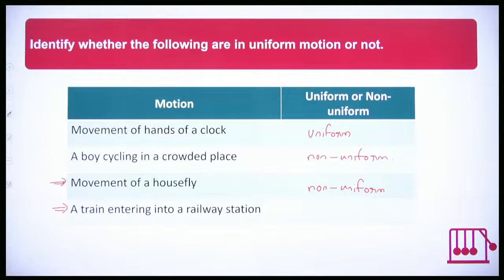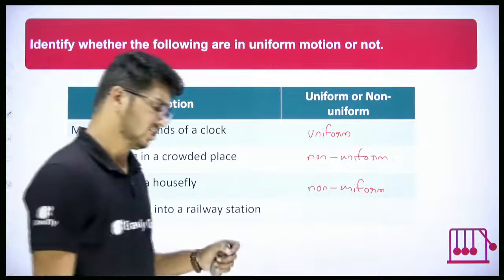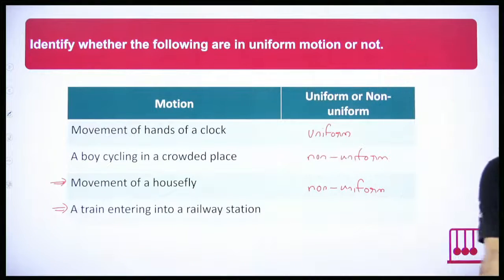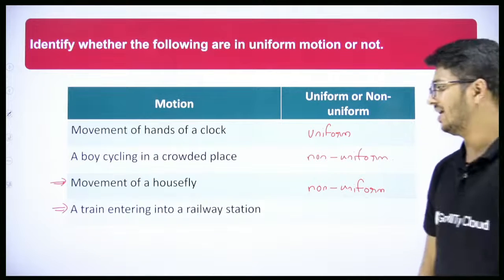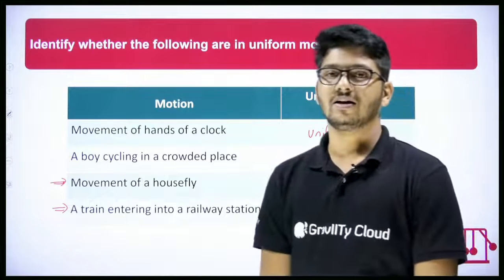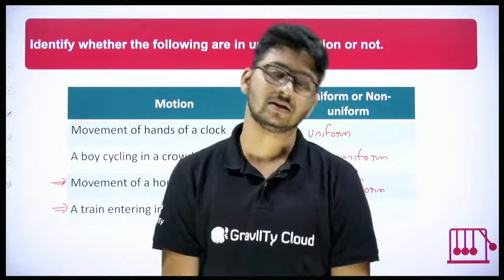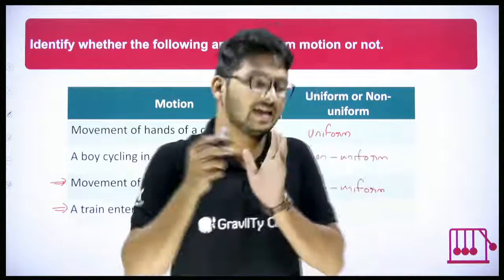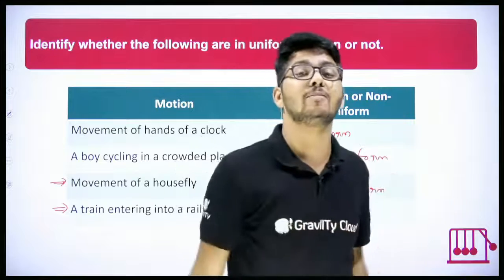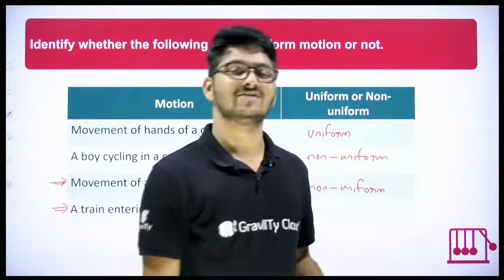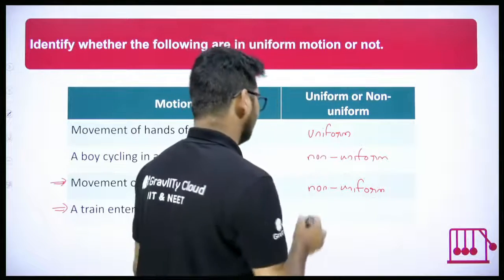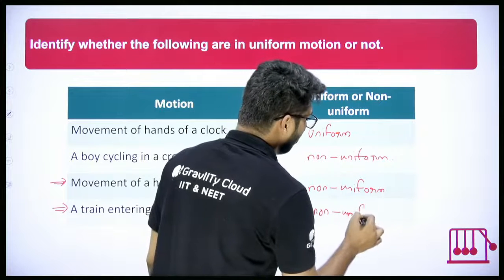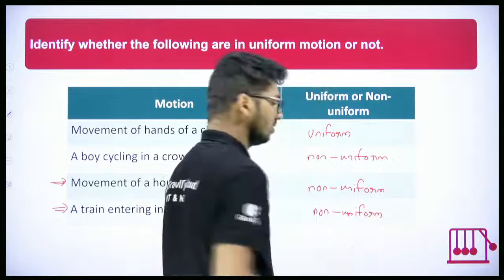Then a train entering into a railway station. When a train enters a railway station, does the driver apply brakes? Yes. Does the speed decrease? Yes. So as a train enters a railway station, speed will be decreasing, and it is again a non-uniform motion because its speed is not constant.